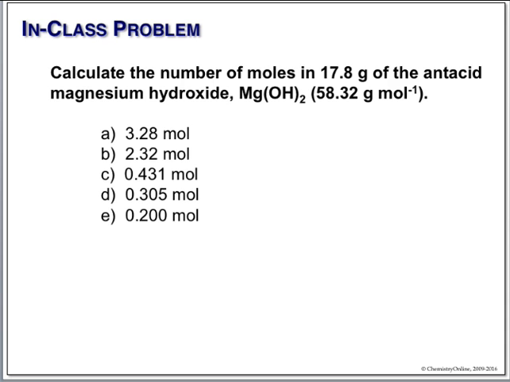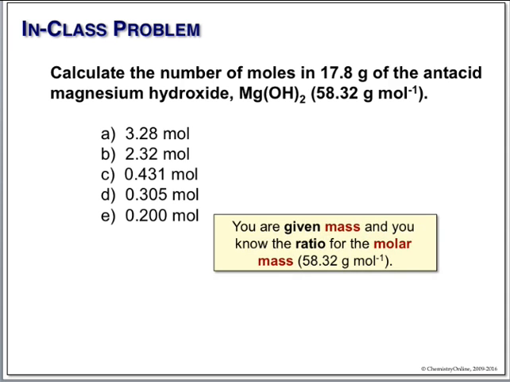When you think about the formula weight here, that's really a ratio, isn't it? This is 58 grams in 1 mole. That's a ratio. We are given grams, so we can set this up this way. We're going to take our mass here. We know our molar mass. Going to use that as our ratio. Here's our given.